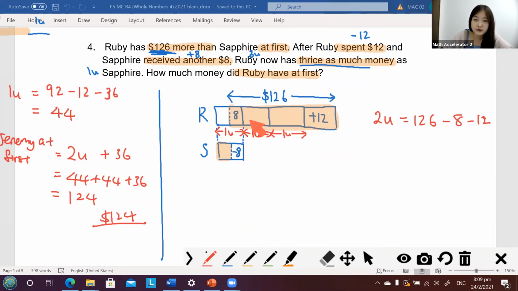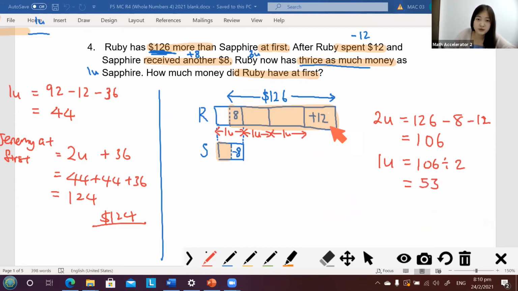So to get the 2 units, you need to remove 8 and 12 to be left with the 2 units. That will get you 106. Thank you. So that's 2 units. Let's find 1 unit. 106 divided by 2 is 53.